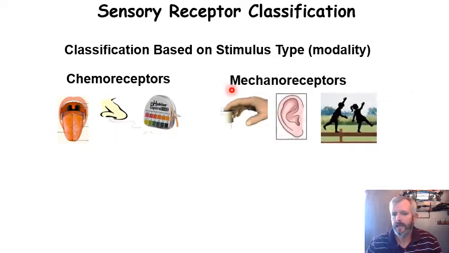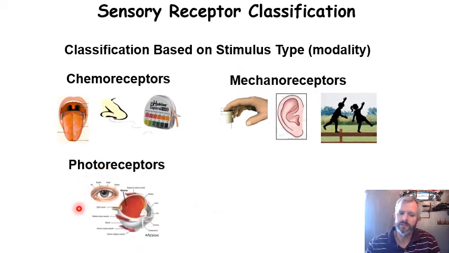The broader category, mechanoreceptors. This usually is distortions to the membrane. What can cause distortions? Stuff like touch, vibrations from hearing and sound, acceleration with equilibrium. Those can all distort the membranes, and that's what mechanoreceptors will respond to.